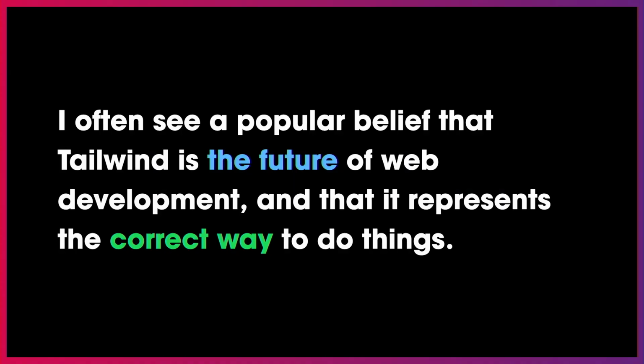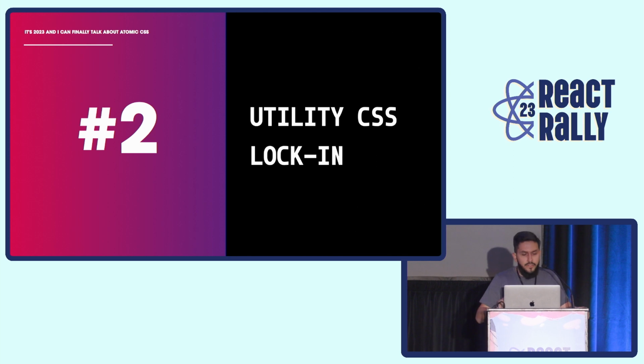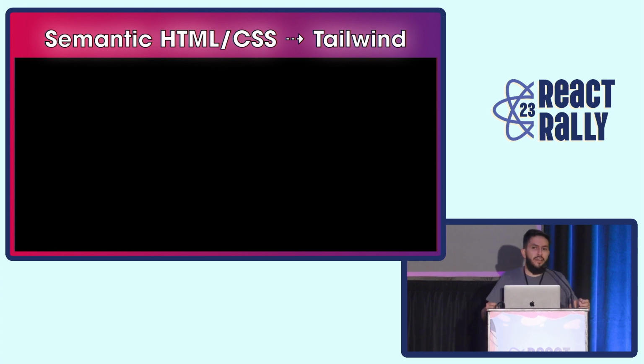So overall, in the community, I see this belief that Tailwind and other technologies before it are the future of front end. If you're not using it to do styling these days, you're just doing it wrong. So yeah, bad claims. The second thing is what a lot of people call the utility CSS lock-in. So let's do this mental exercise.